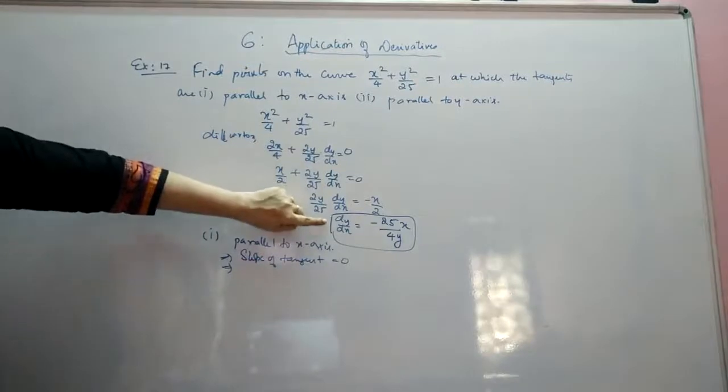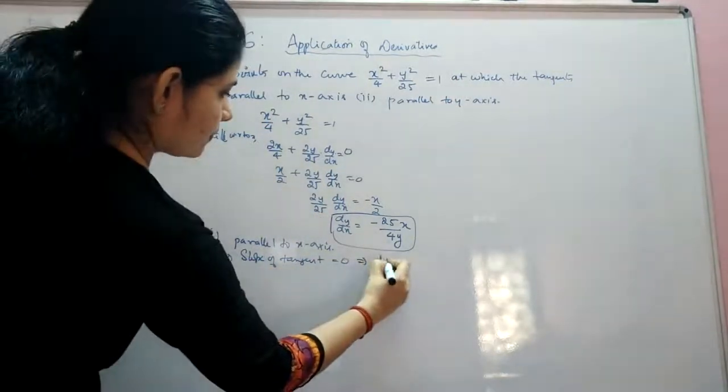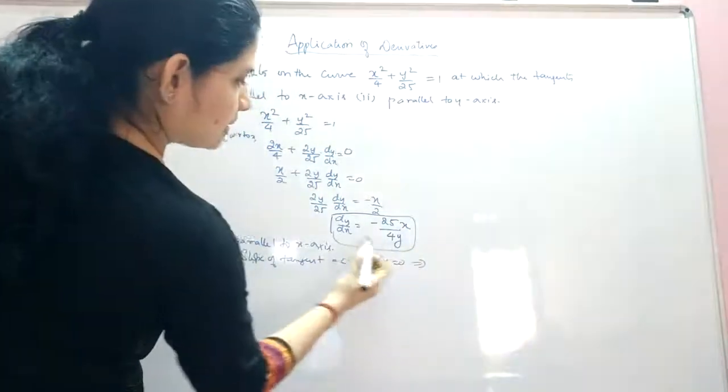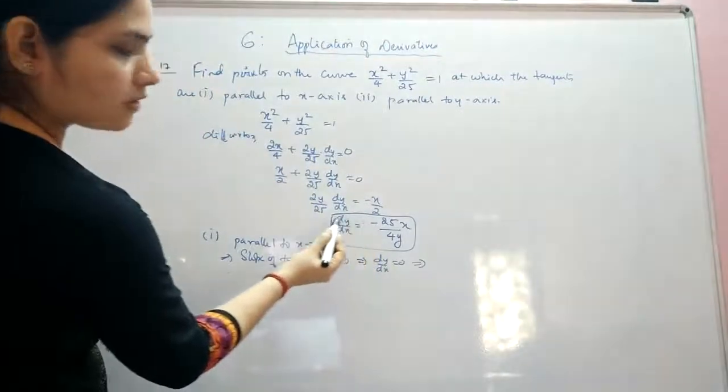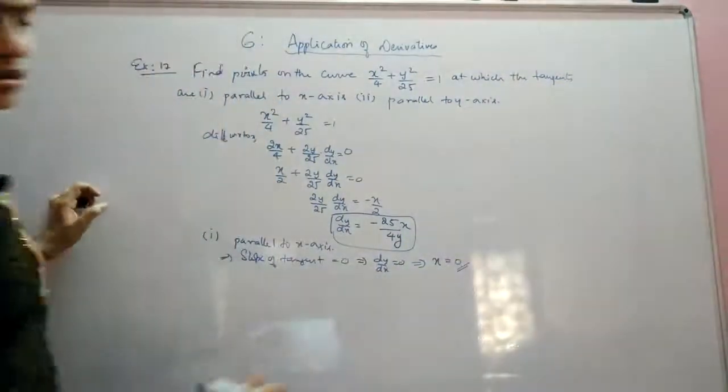Slope means what? dy by dx. So dy by dx is equal to 0, and from this, the denominator will come there and you will get x is 0. This will imply that x is equal to 0.